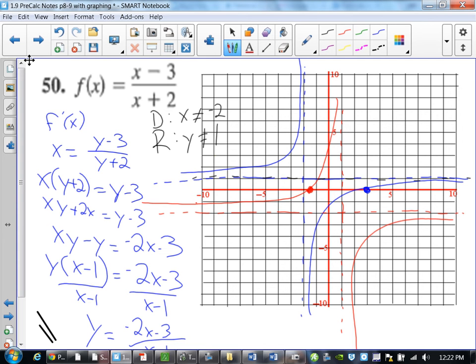I'll write that down. This is a good thing to remember. Domain restricted by vertical asymptotes.